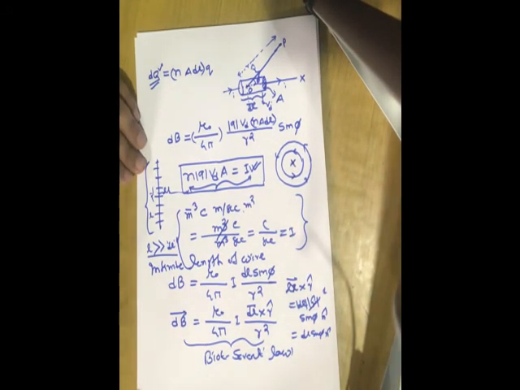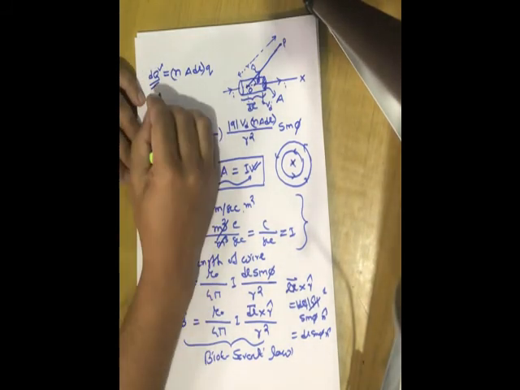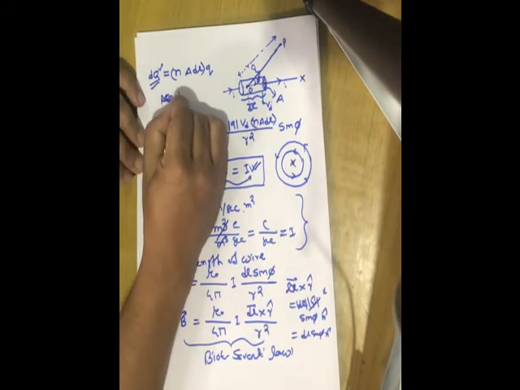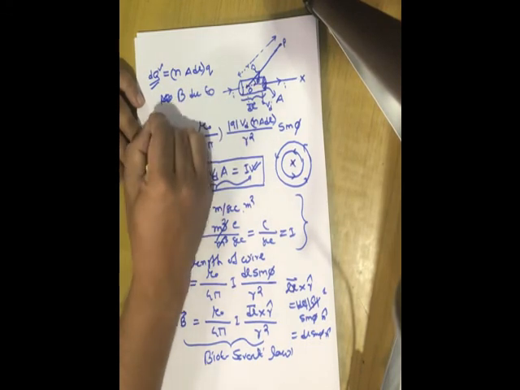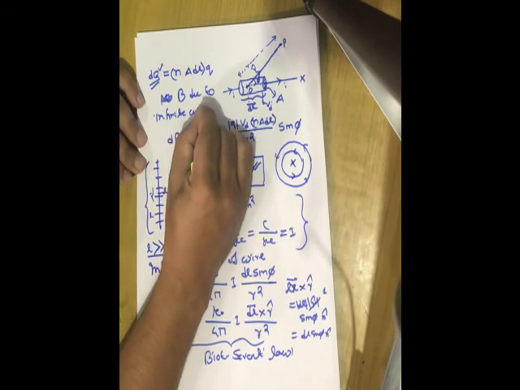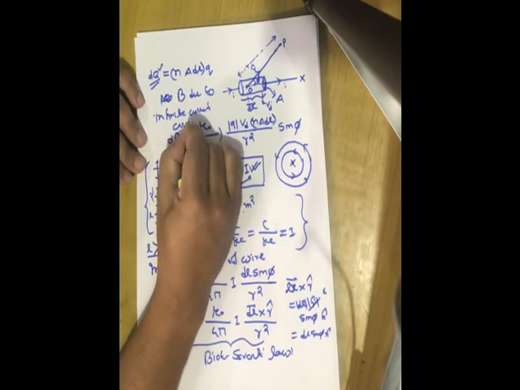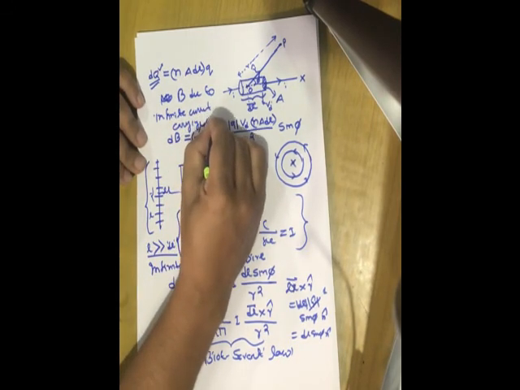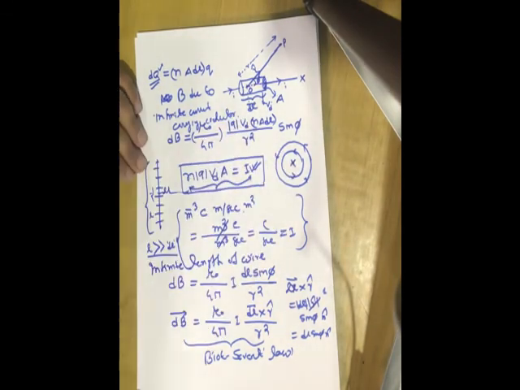That's why compared to dl, it is of infinite length. So the next part of the video will be the magnetic field due to an infinite current carrying conductor. Okay, so see you in the next class.